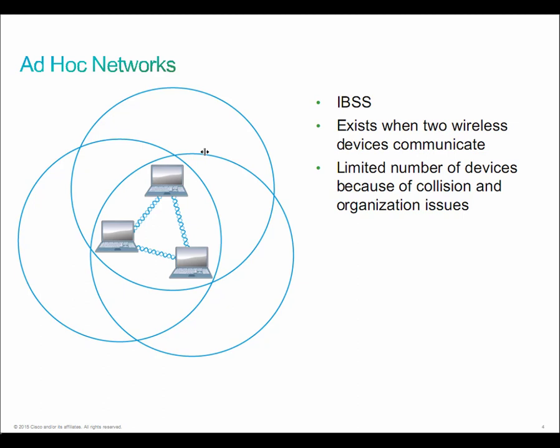One of the technical limitations of this type of network is that you have to be in range of all of the other devices that you want to communicate with. In an infrastructure-based network, you can communicate to other devices over a wired network if you can't reach them from a wireless standpoint. But in this particular case, that's not an option.